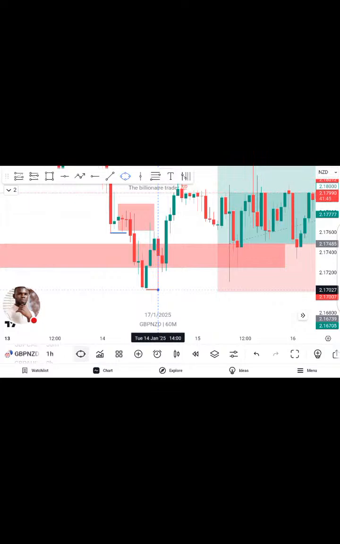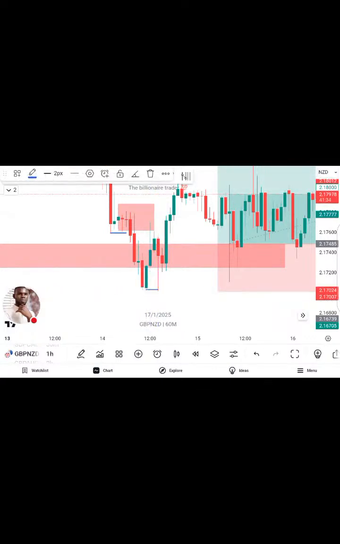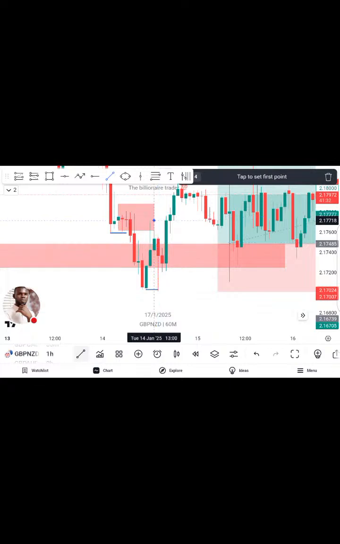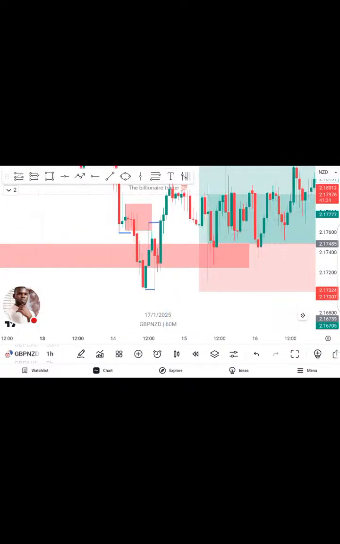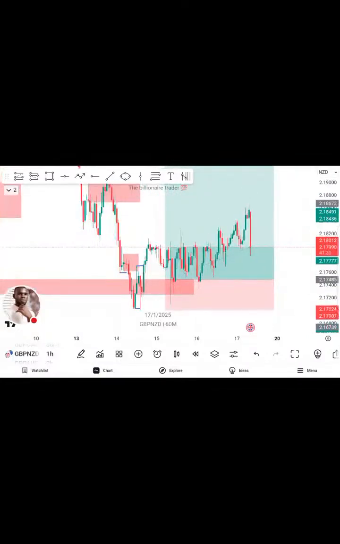So from this liquidity gap, we have a change of character there too. So price actually reversed into that zone and we have the buy. That's the logic behind this particular buy.